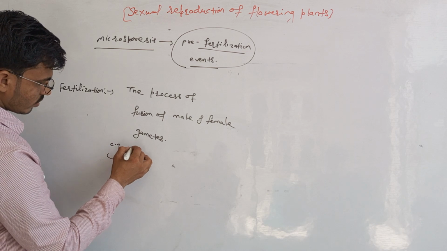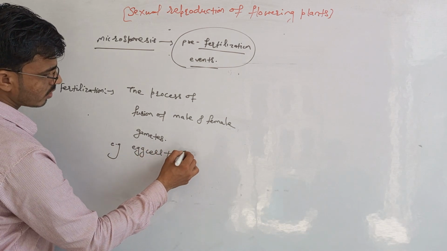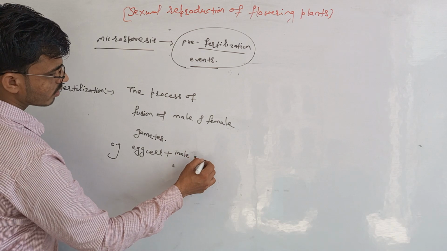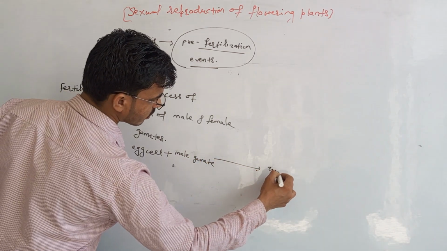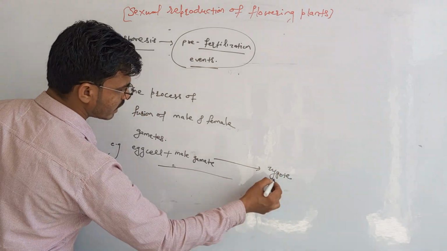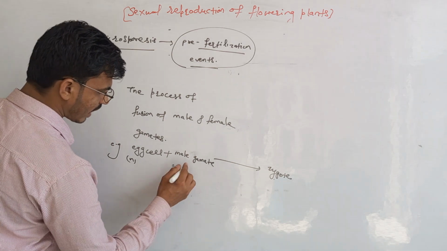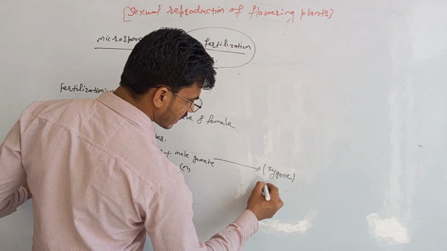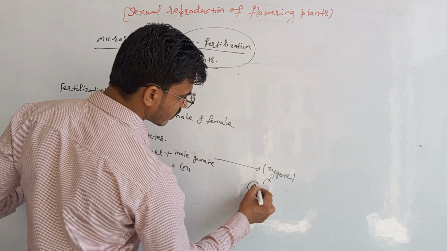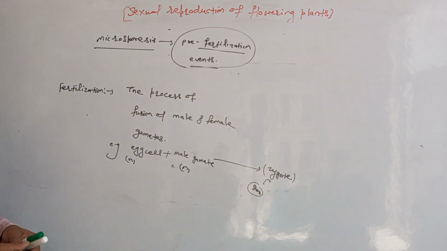Example: egg cell plus male gamete to produce a zygote. Fertilization results in the formation of a zygote. Here the haploid N cells fuse to produce a diploid cell, 2N. The zygote is 2N, a single diploid cell.